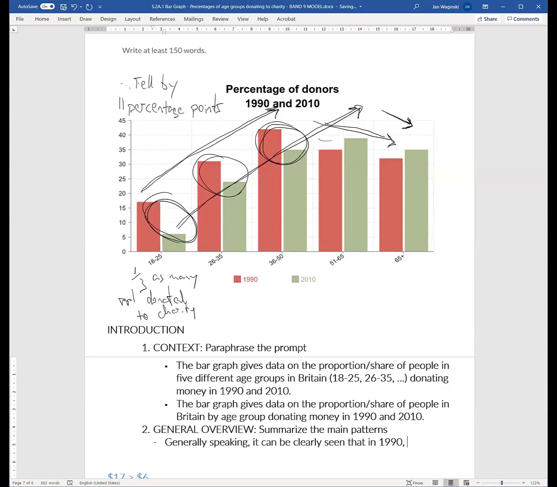So it's like more people donated money in 2010 than in 1990.